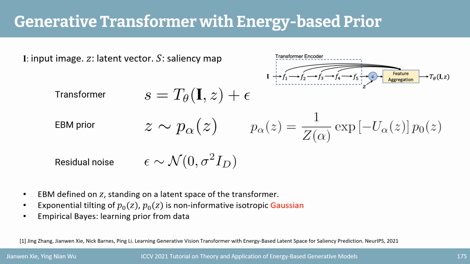That is, we map I and Z to S by a transformer network T, whose parameters are theta. This will change the one-to-one mapping into a one-to-many mapping. For the EBM prior model of Z, we parameterize the energy function by a trainable deep net U, whose parameters are alpha.